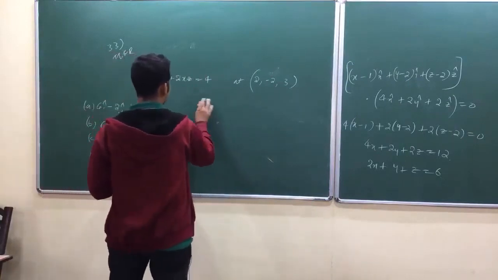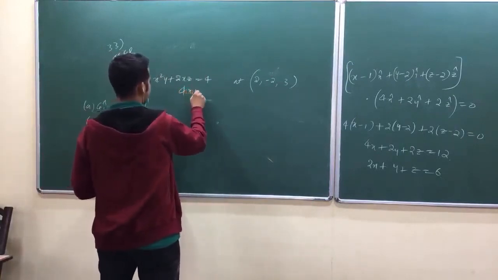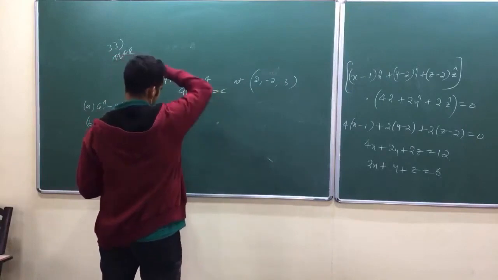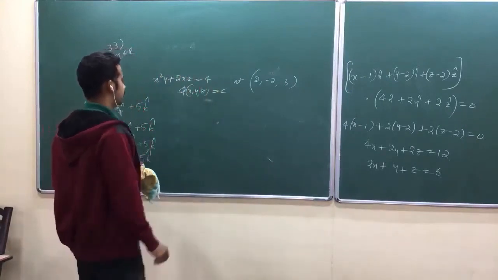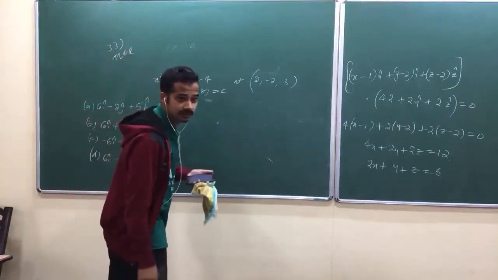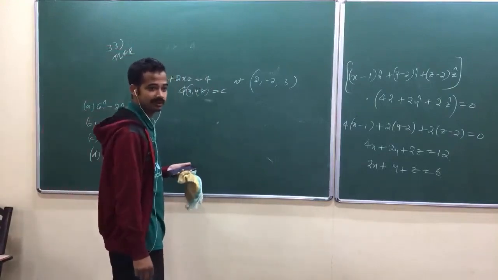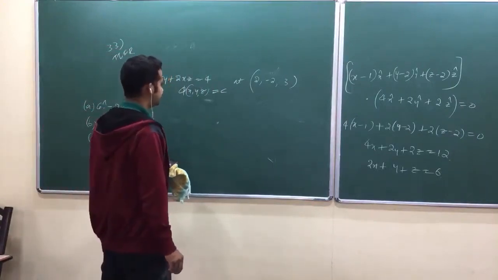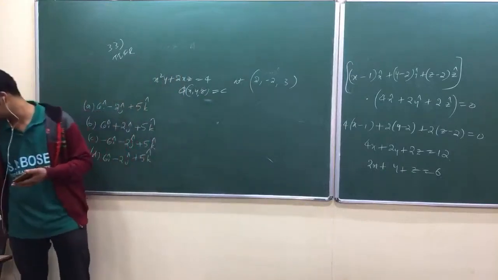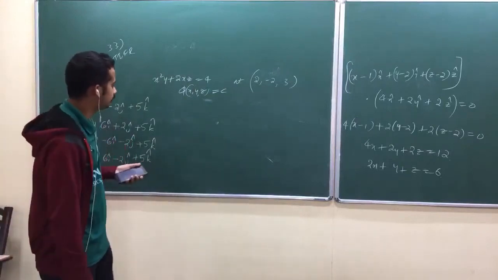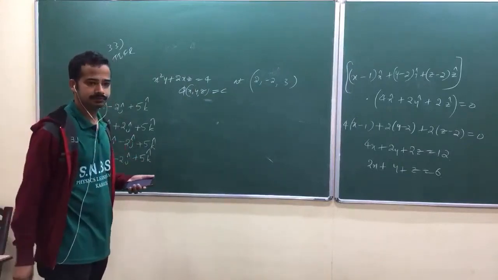First take the gradient. Just imagine this is phi of x comma y comma z is equal to c. That's a family of curves, a family of surfaces. Everything is coming. This is a family of surfaces, phi of x comma y comma z equal to c.